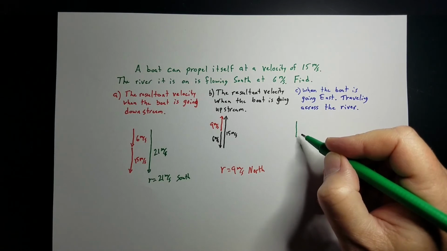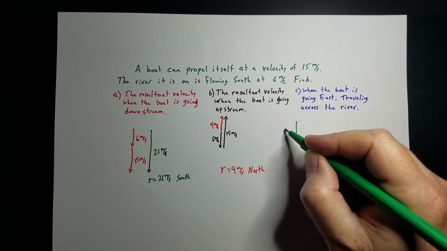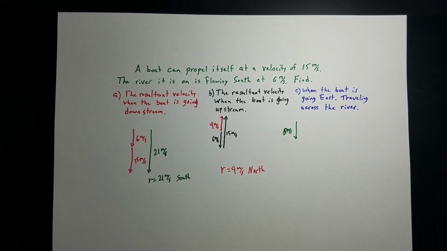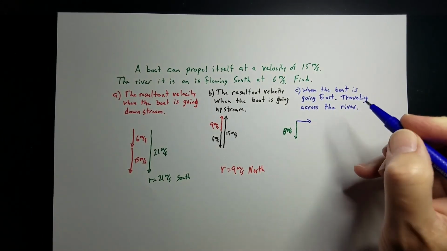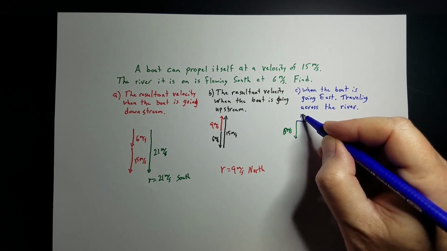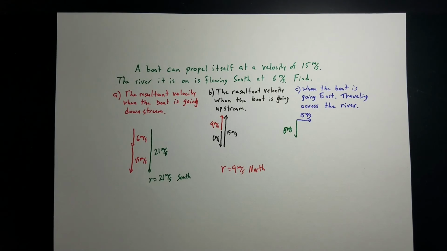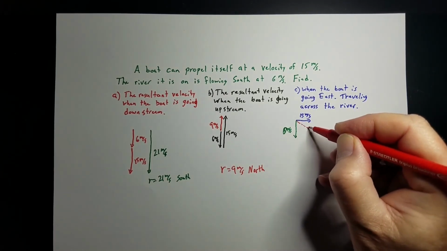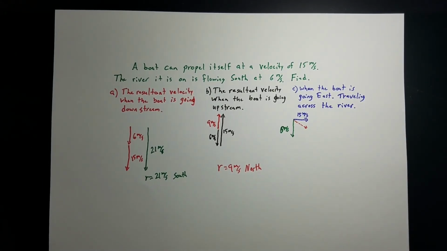So for this last one, we've got the boat traveling east, the river still going south at 6 meters per second. The boat is going east. And so if we draw the two vectors from the boat's perspective, obviously I'm not drawing them to scale, it would look like that. And the boat's going to travel a little bit more east than south. But we want to draw a vector diagram to make things a lot easier.